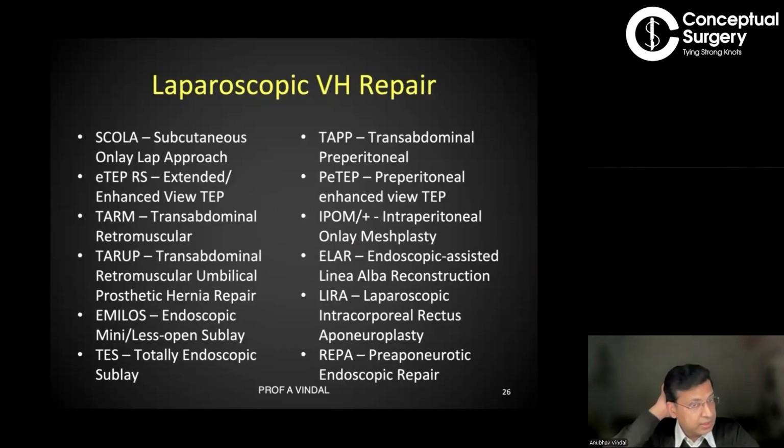Now, what are the different types of repairs that are done laparoscopically? It can be a subcutaneous onlay.